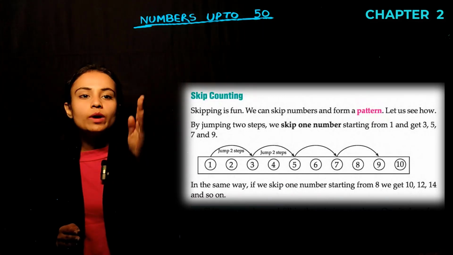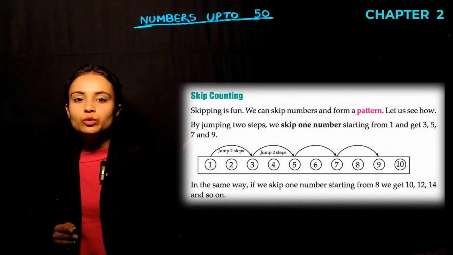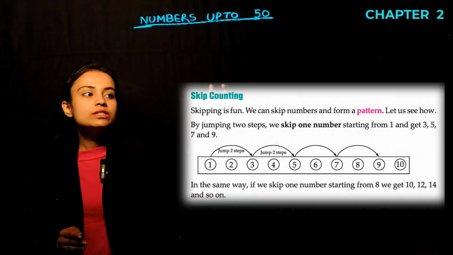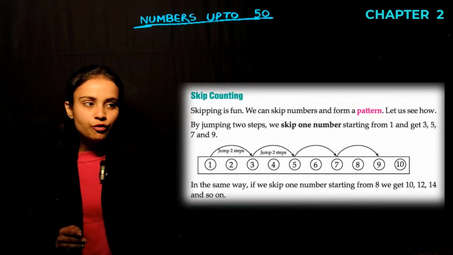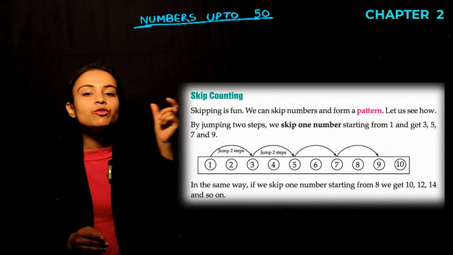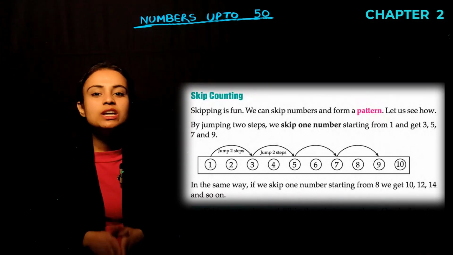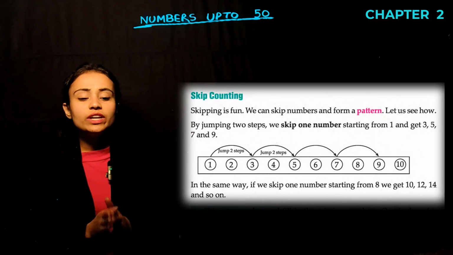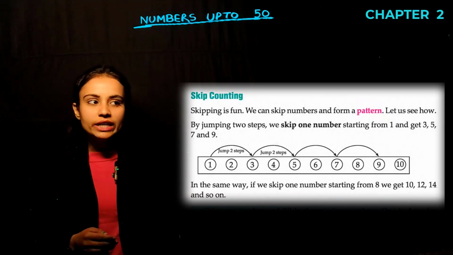We'll start from 1, then skip one number, that is 2, in between. We'll jump to 3. Again skipping the number 4, we'll jump to 5. In this manner we'll jump one number between each number. In the same way, if we skip one number starting from 8, we get 10, 12, 14 and so on.